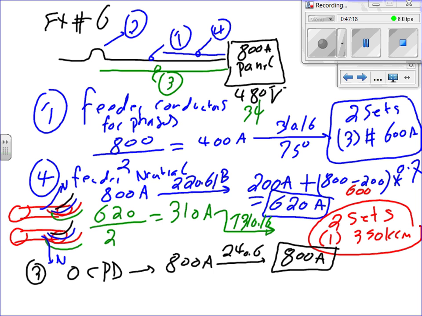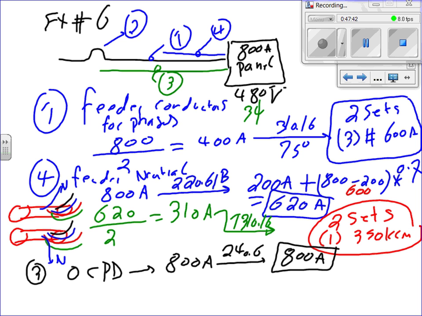What would you do? It's a panel. 800. You can't put an overcurrent protection device on a panel that's higher than what the panel is rated for. If your panel is 900, either you put a 900 on it, or you go to 800, but you cannot put a 1000 amp circuit breaker to protect an 800 amp panel.